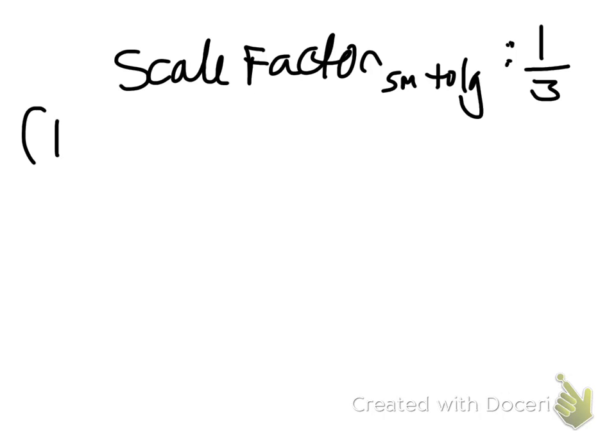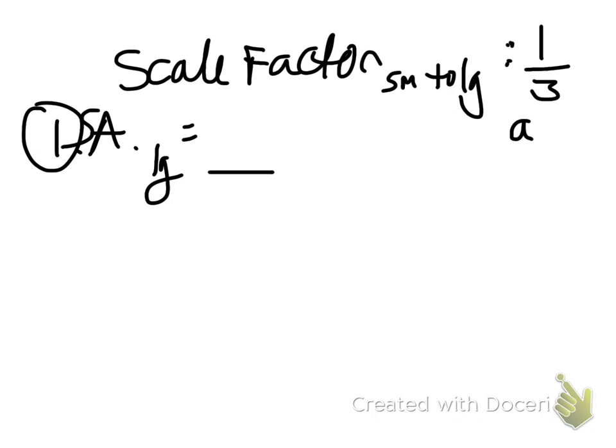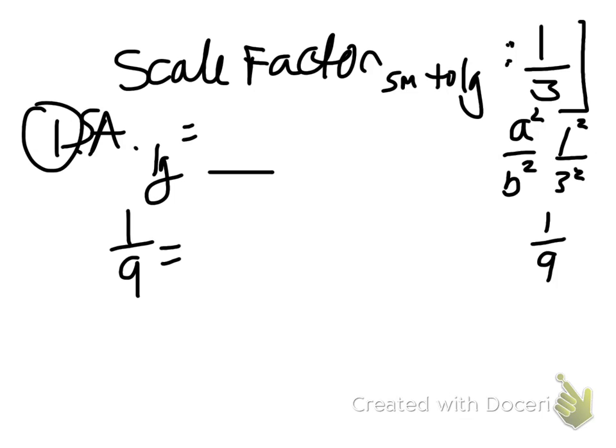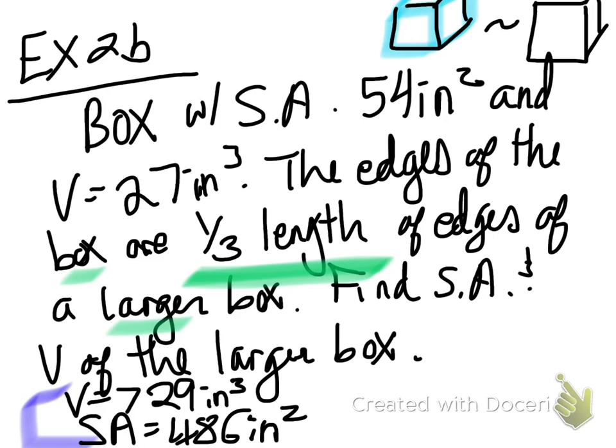So we can go ahead and find first the surface area of the large box by thinking first, okay, what's the scale factor of the surface area? Well, surface area, remember, is going to have an a squared to b squared ratio. So we need to square our 1/3. So 1 squared over 3 squared is 1/9. So we can set up a proportion and say 1/9 equals, let's look back at our problem, the surface area of the small box is 54 inches.